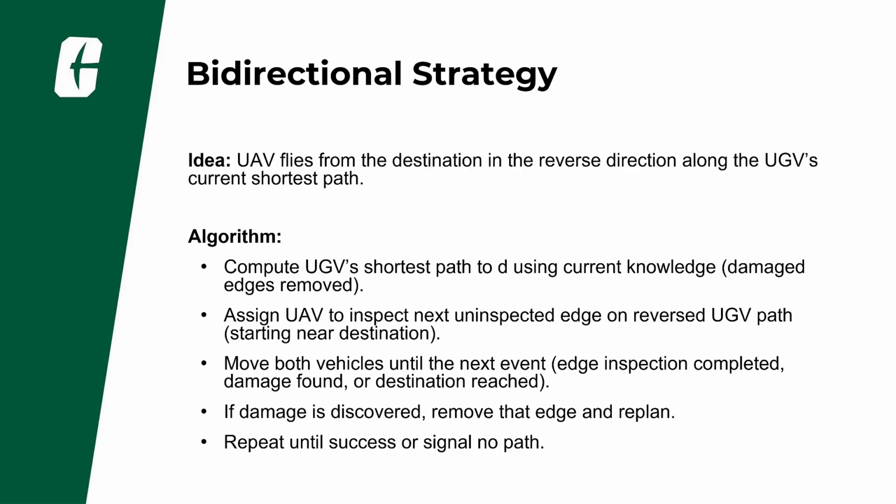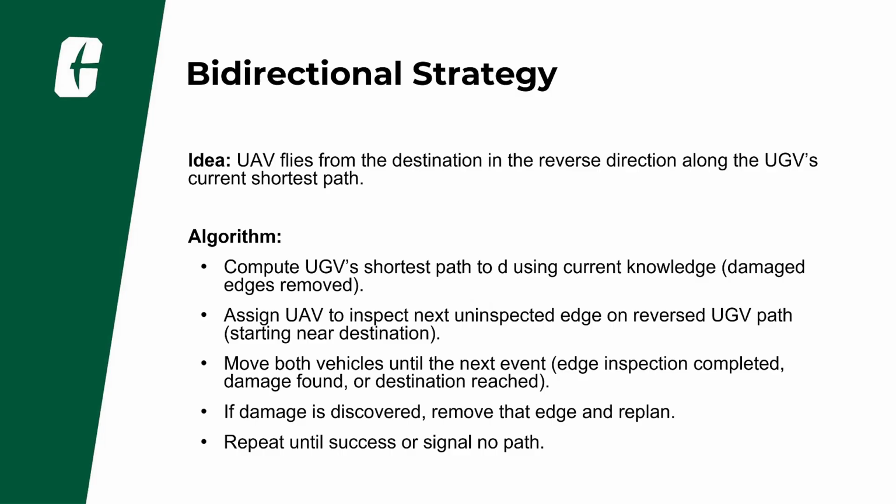Our main proposed strategy is the bidirectional strategy. The UGV first computes its current shortest path to the destination using current knowledge. Instead of assigning the UAV to inspect a critical edge, we assign the UAV to inspect the same UGV path in reverse order.